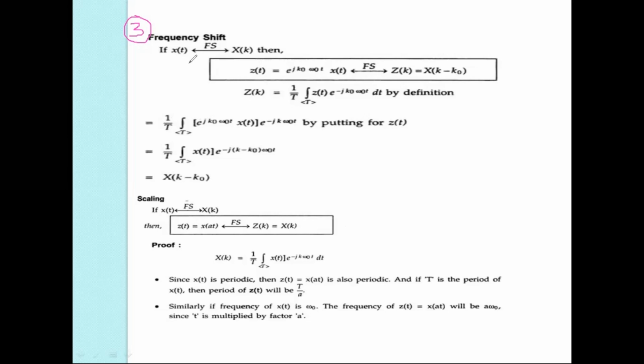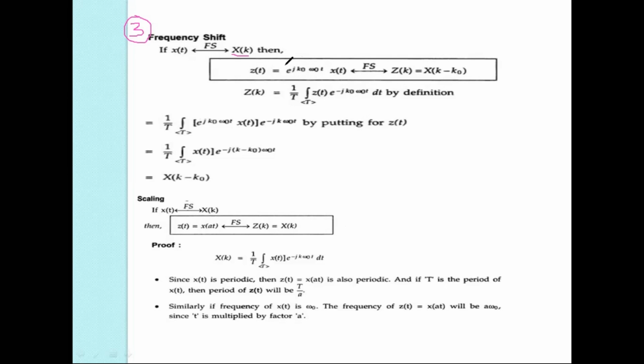Frequency shift property. The statement is: if x of t has Fourier series x of k, then z of t is equal to e power j k naught omega naught t times x of t.